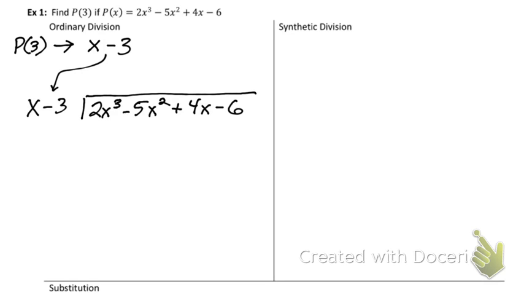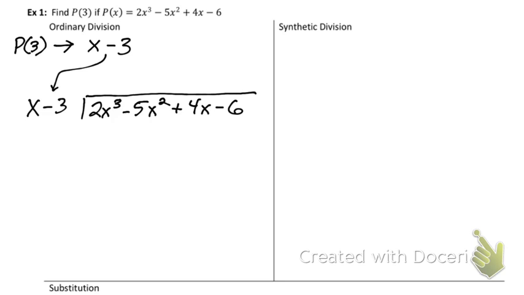All right, so I have x minus 3 and I'm seeing how many times it goes into this. What I'm looking at when we start off is just that x and that 2x cubed. I'm asking myself, what do I need to multiply this by to make it equal 2x cubed?